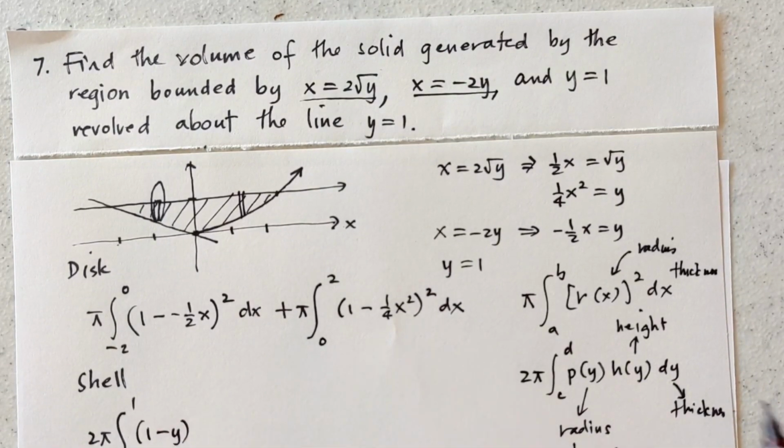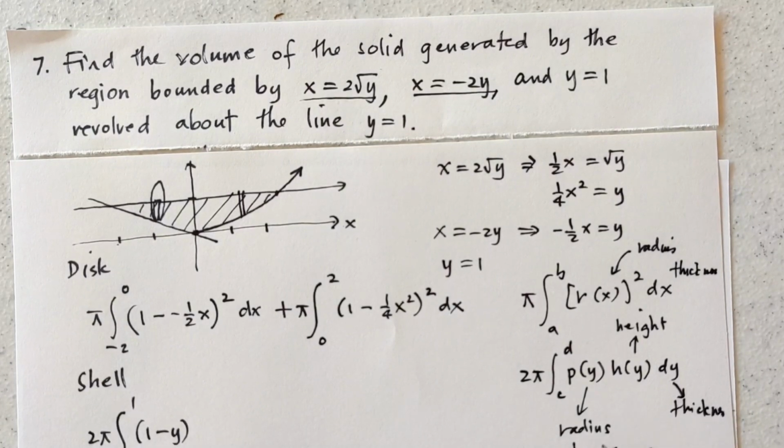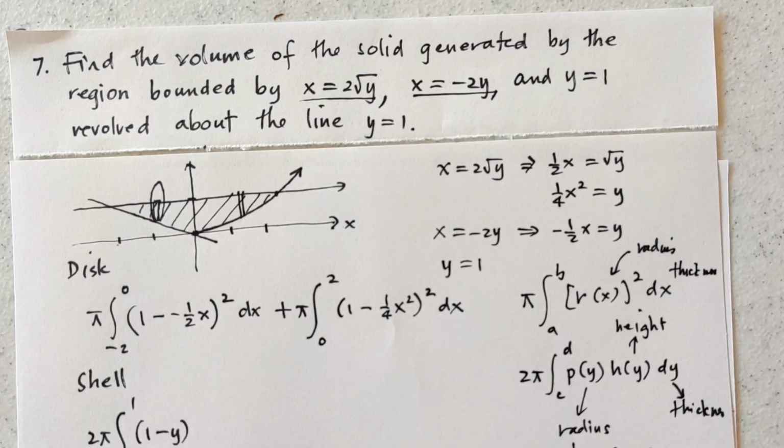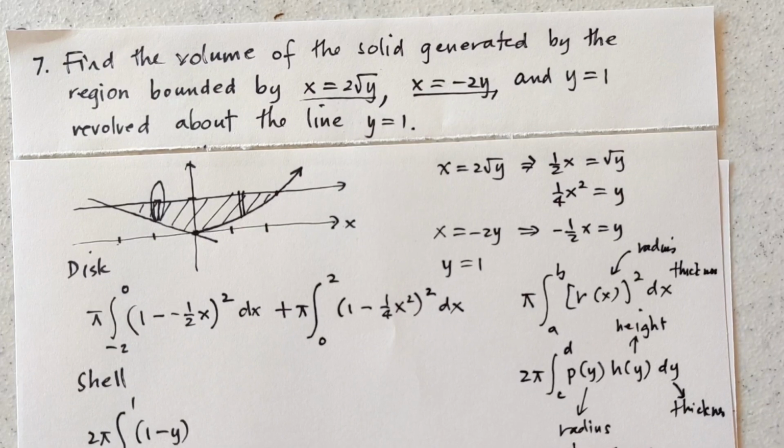Why is that? If the shell is at y equals 1/4, then the radius of the shell must be 3/4 because this line is 1. So 1 minus 1/4 is 3/4. If my shell is at 1/2, so my shell now will be like this, then the radius should be 1/2.